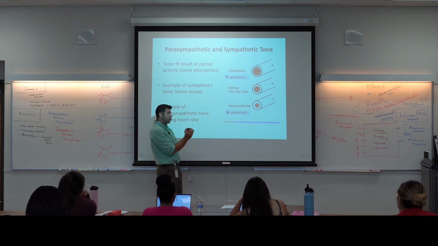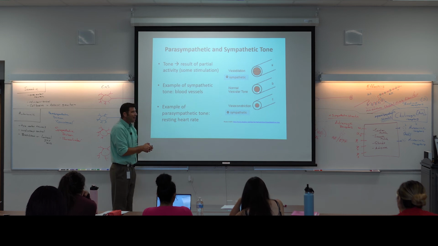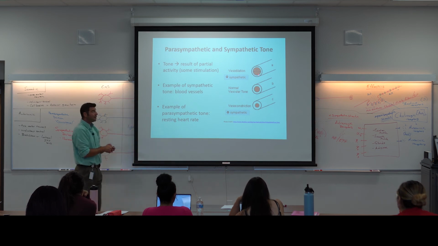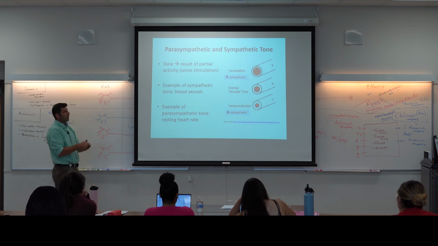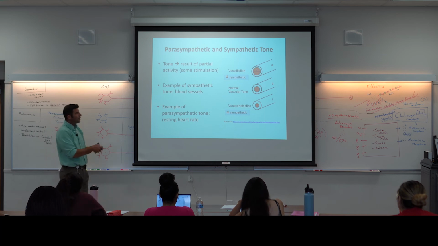It's partially constricted. And we can actually take that partial contraction and relax it. So vasodilation would cause that slight smooth muscle contraction in the walls of most blood vessels to relax a little bit. And that vasodilation causes the diameter of the blood vessel to increase, so we're going to increase blood flow through the vessel if it's a larger diameter.